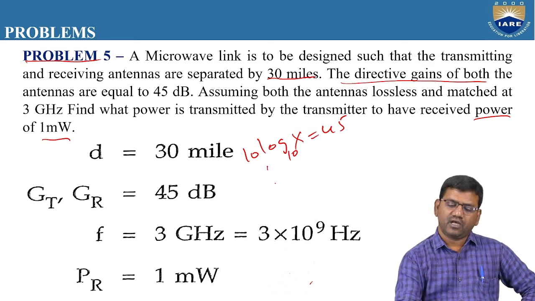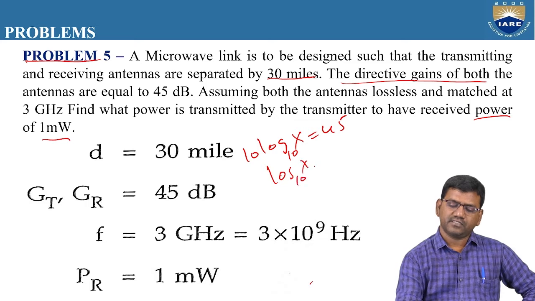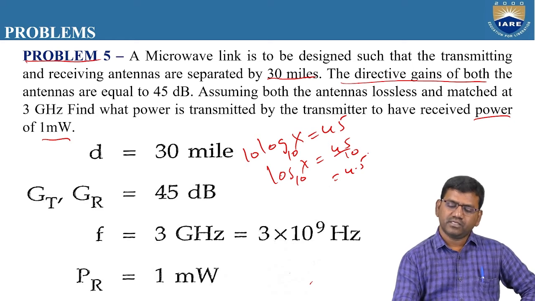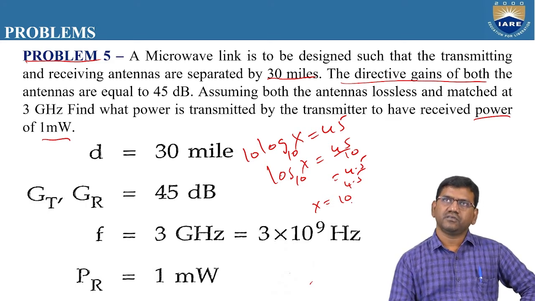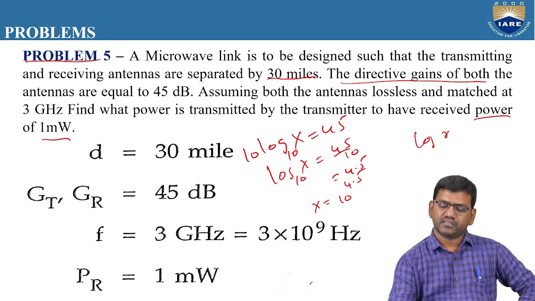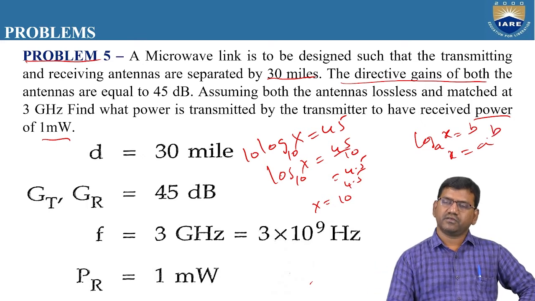So log x base 10 is equal to 45 by 10, that is 4.5. Therefore x is equal to 10 power 4.5. In general, if log x base a is equal to b, then x is equal to a power b.